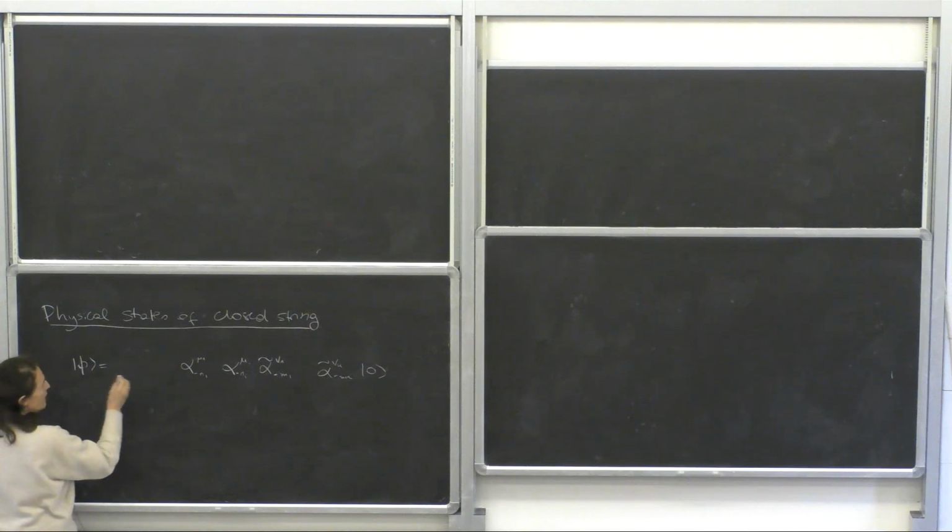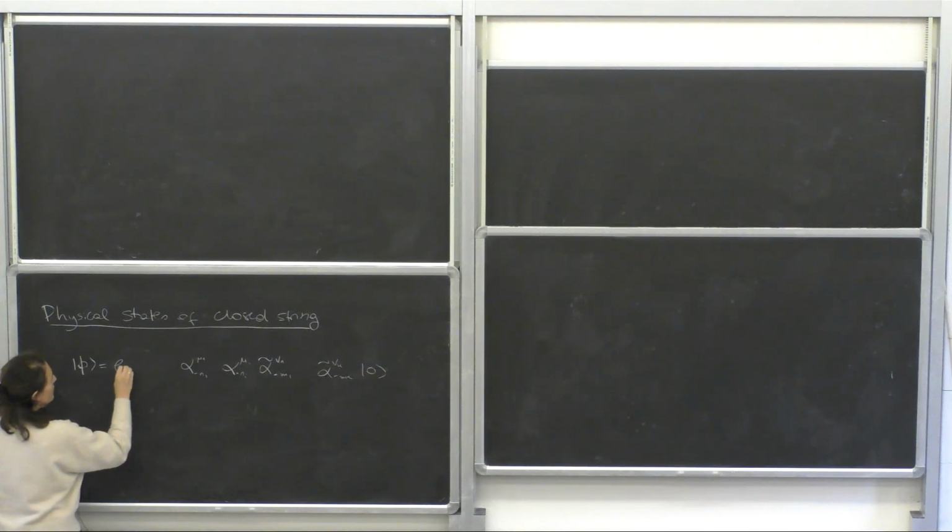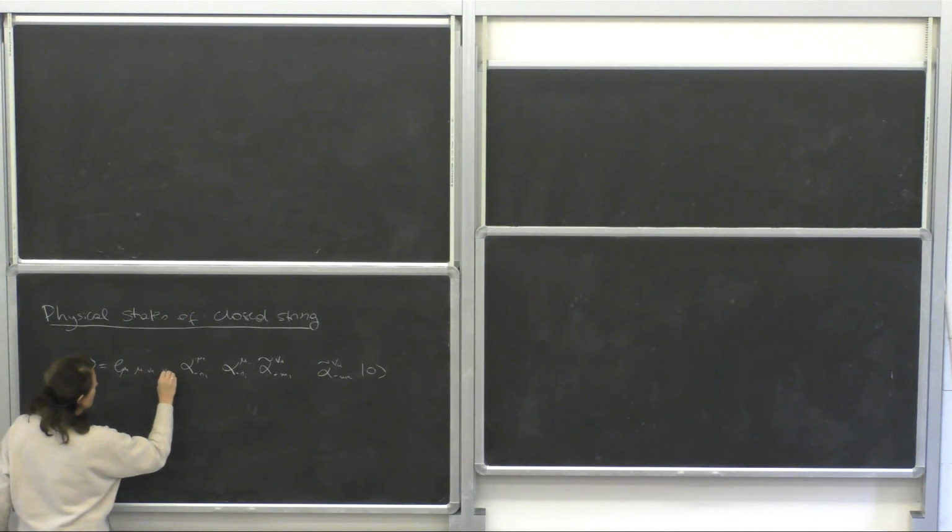On this, and they have polarization tensors, mu I, mu1, mu k, that have certain symmetries and certain properties for these to be physical states.